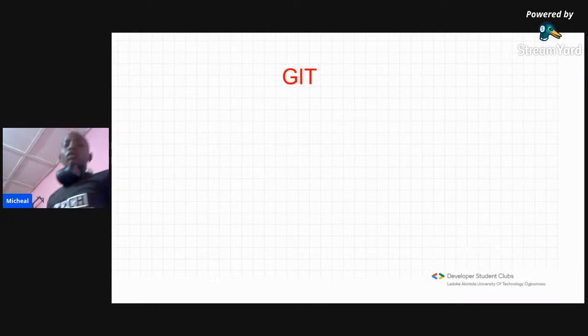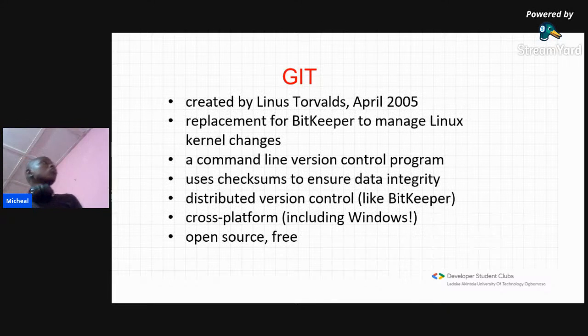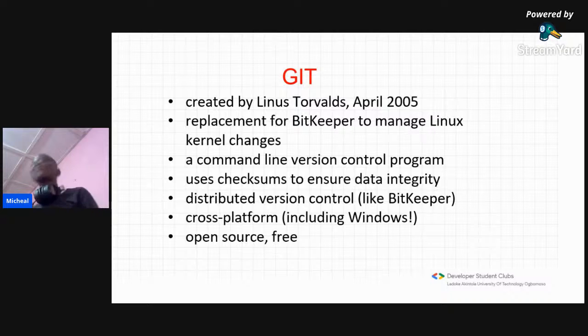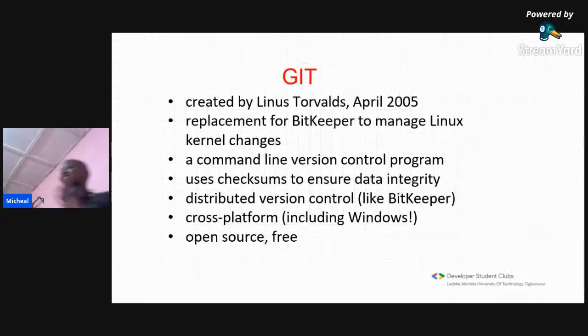So we're talking about what Git is. Git was created by Linus Torvalds in April 2005. Now I have a question: the one was Bitkeeper.